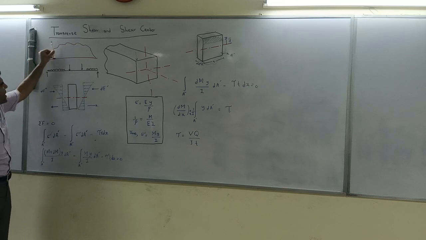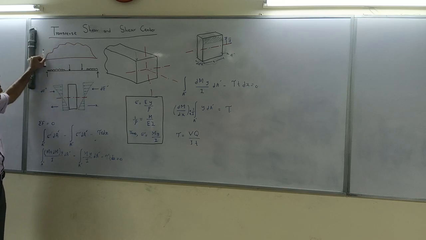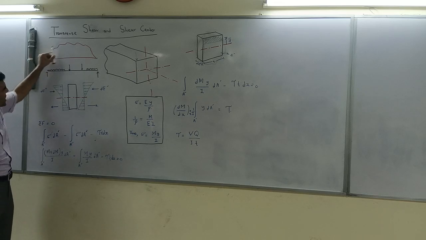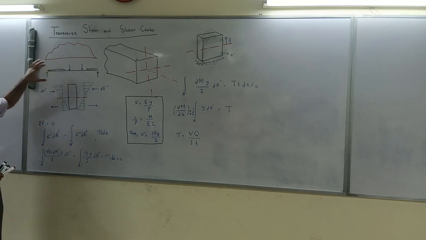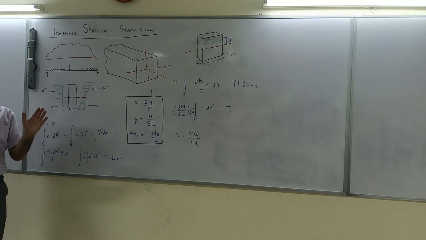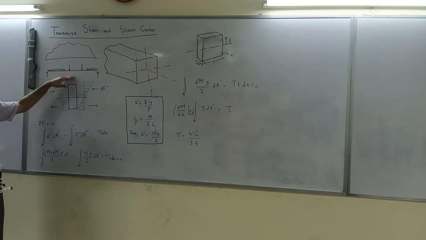Now, you see that as you move from one support, imagining that our left support is a reference support, moving from the left support, what happens? My bending moment diagram is increasing. Okay, it can be decreasing, but there is a variation in the bending moment diagram. In this load condition, we will always have a sort of variation.